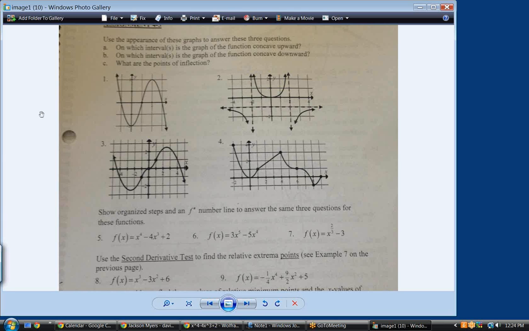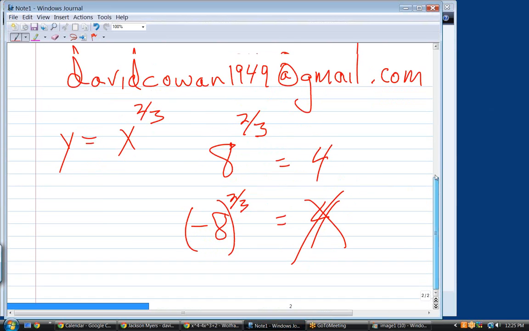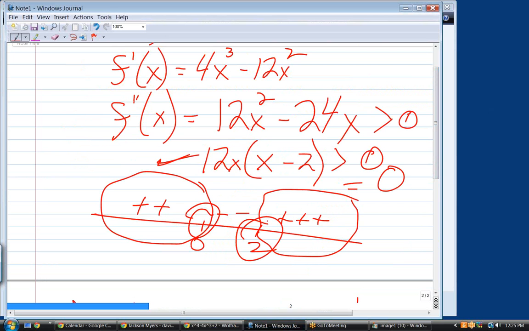Oh, I see. No, that's 1 through 4. And then 5 through 7 are use the second derivative. And notice she says the second derivative number line. That's what I put up there. Oops. That's what this is down here. Yeah. That's the second derivative number line.